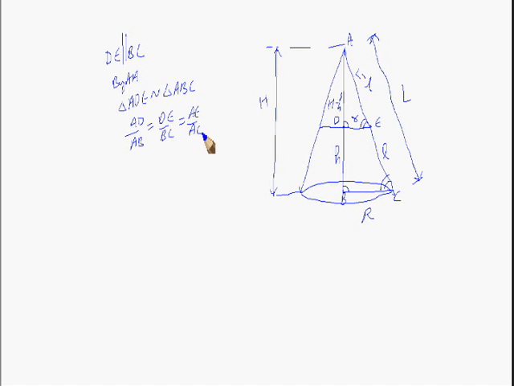Now putting the values, the value of AD is capital H minus small h.